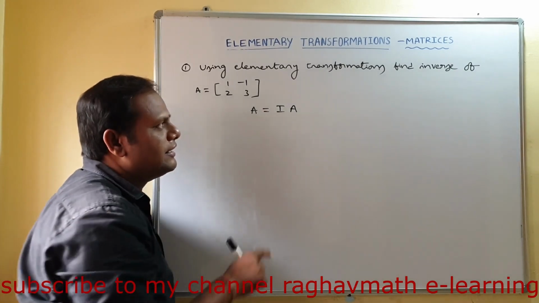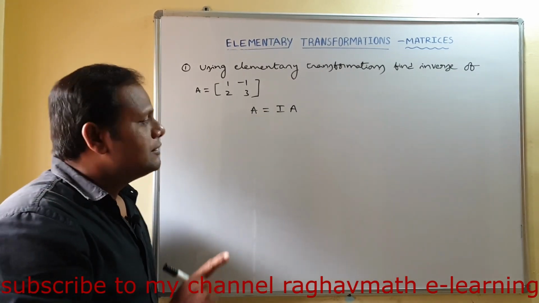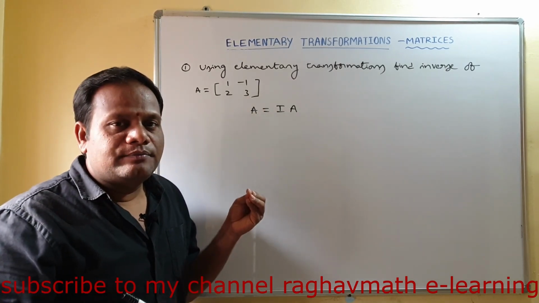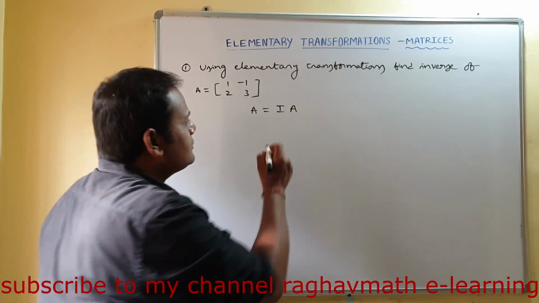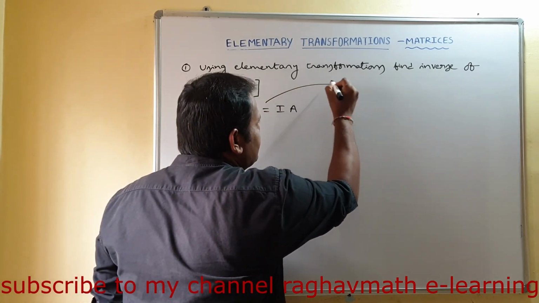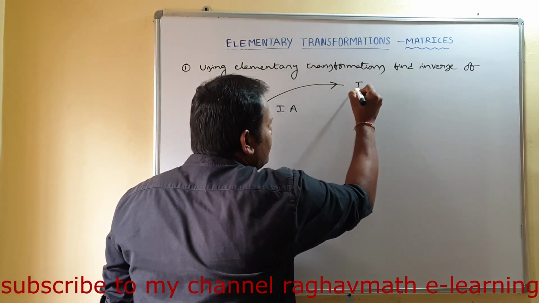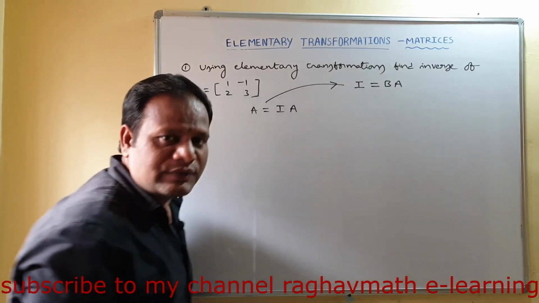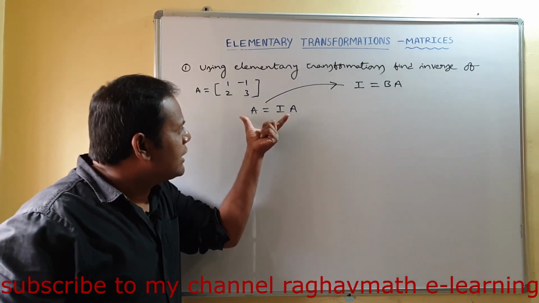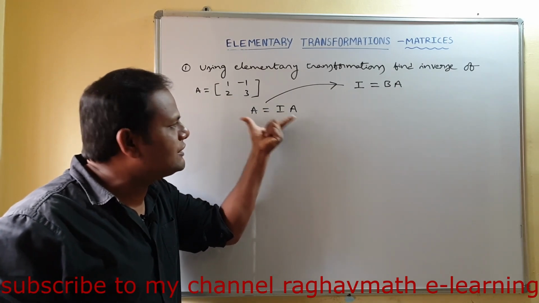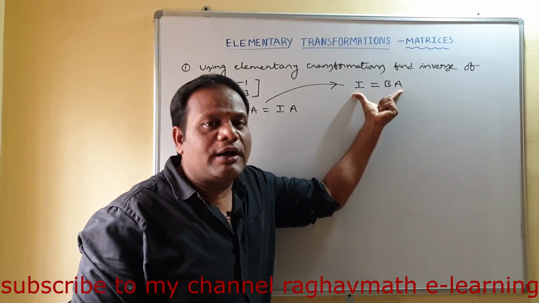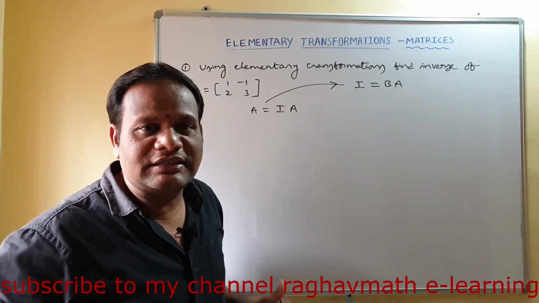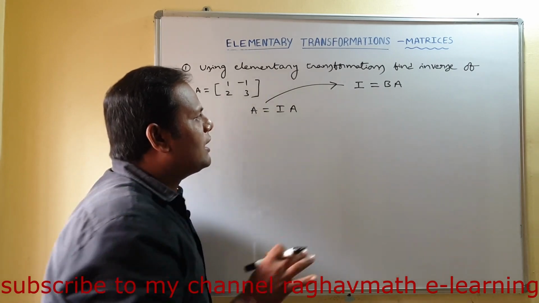So you can write A equal to I into A. But to find A inverse, our task is reducing this equation into the form of I equal to some matrix into A. So you have to change this matrix equation into this form by applying elementary transformations.